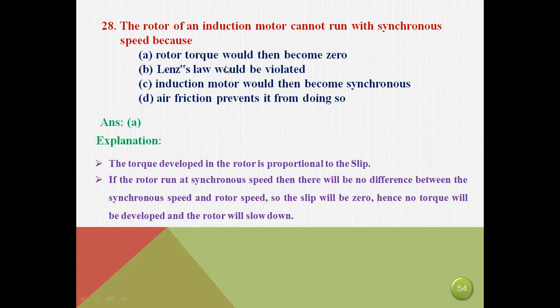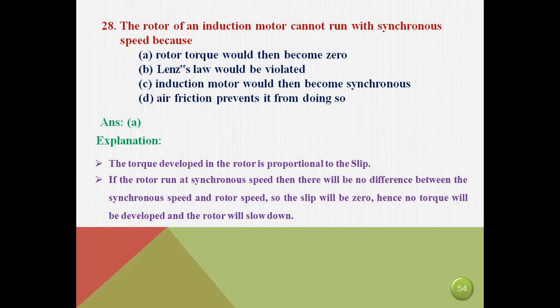Why? We are supposed to always take the rotor speed as less than synchronous speed. The answer is that the rotor torque will become zero. If we take N equal to Ns, our slip equation is S equal to (Ns minus N) upon Ns. If we take both as the same, you will get 0 upon Ns.